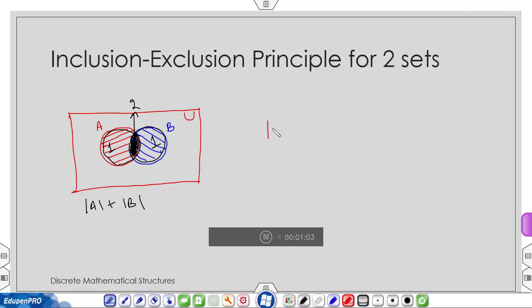So the correct formula will be A plus B minus A intersection B. That will give us the number of elements in A union B.